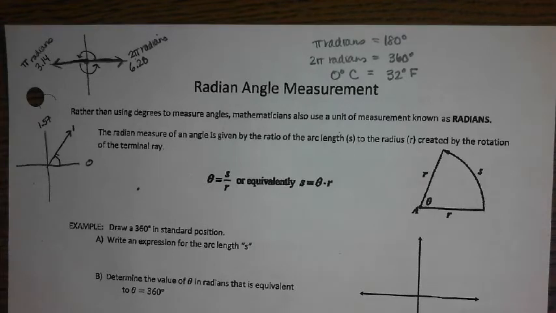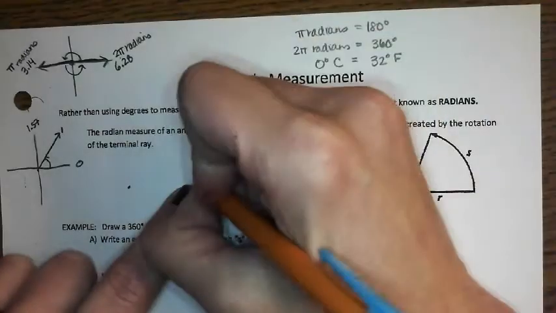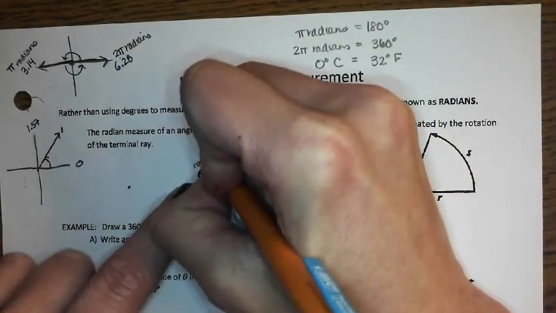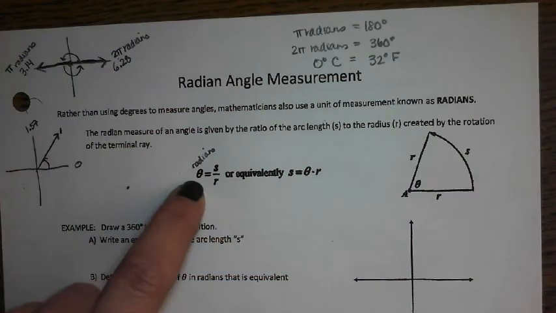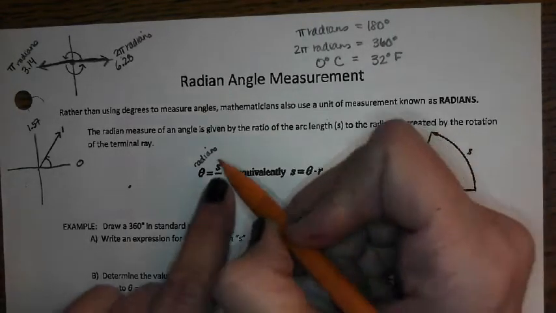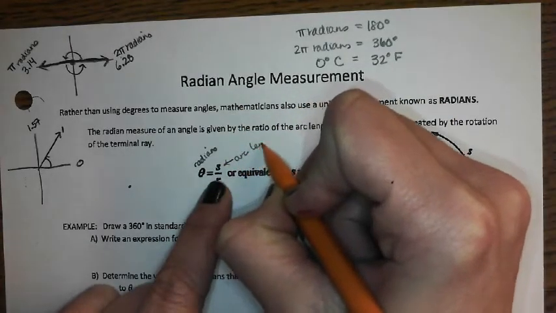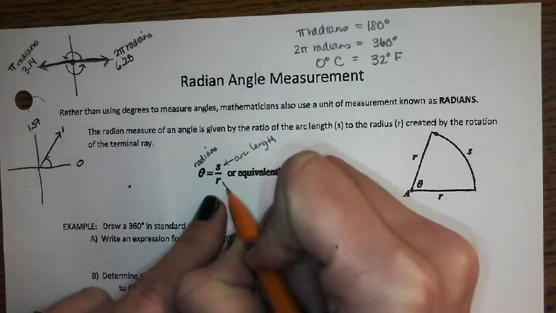But this formula tells you that your theta, that's in radians. This has to be in radians. This does not apply to degrees. Theta radians, remember theta is just our variable, but a Greek letter, so instead of x radians we'll say theta radians, equals S. S stands for the arc length over r.